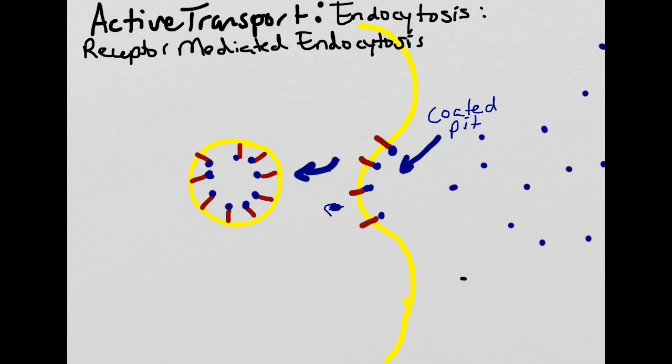Okay? So the virus was out here, it attached to the coated pit, the receptors. That pit began to invaginate, kind of fill with the weight of the virus, and then it eventually pinched off into a vesicle.